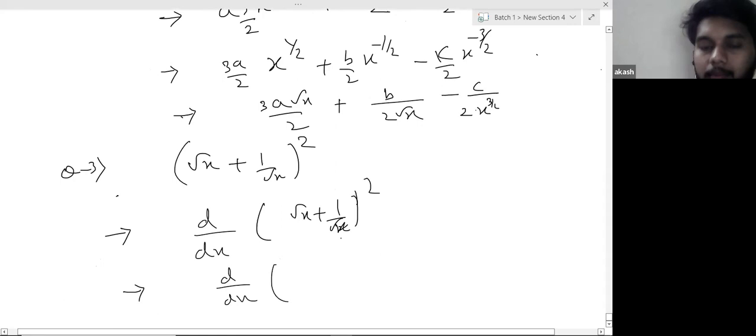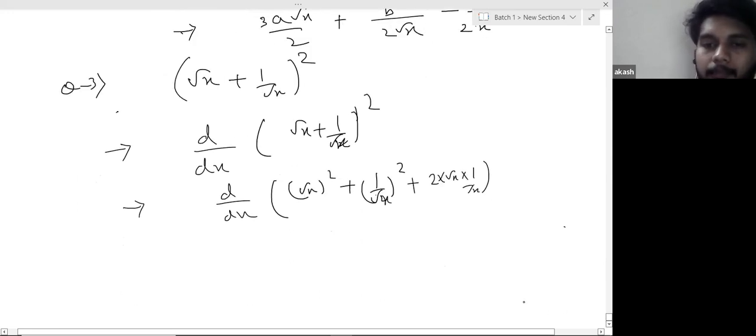This is a plus b whole square, so under root x square plus 1 upon under root x square plus 2ab, 2 into under root x into 1 upon under root x. So differentiation of under root x square is x, plus this is 1 upon x, plus this is 2.